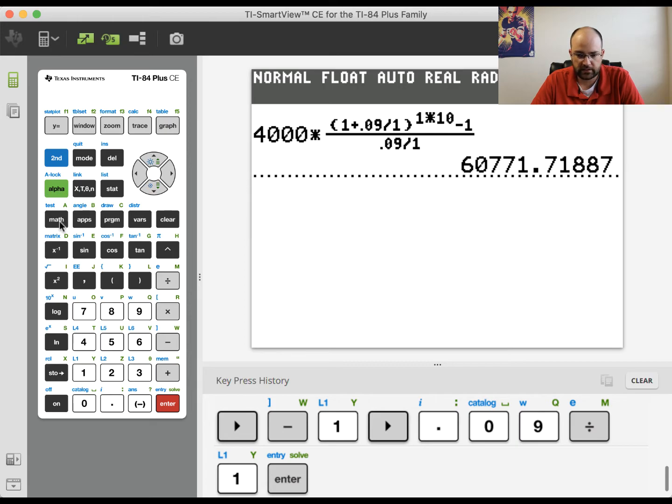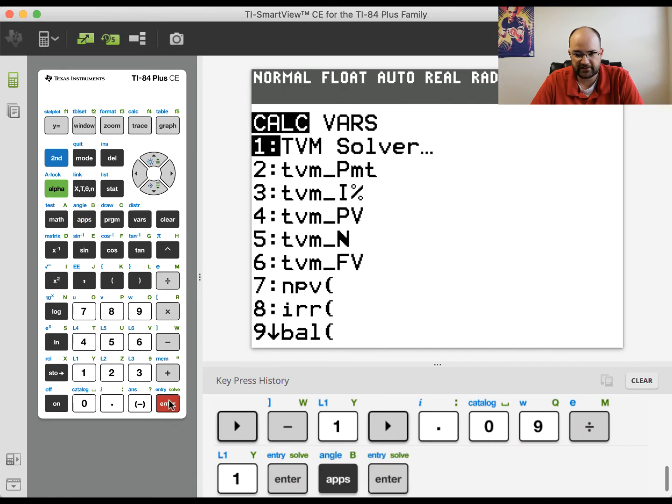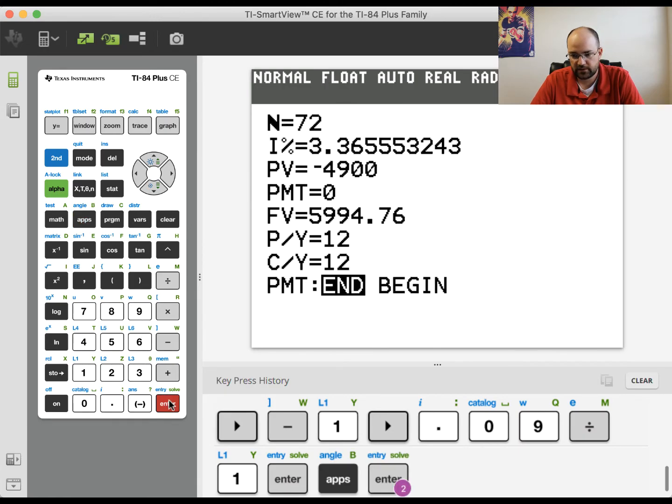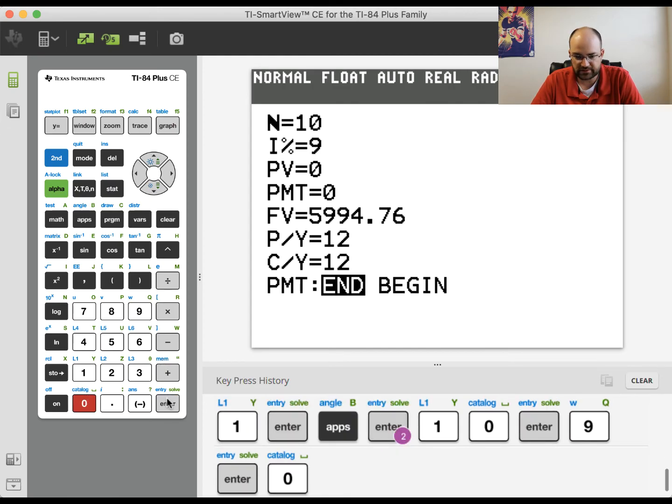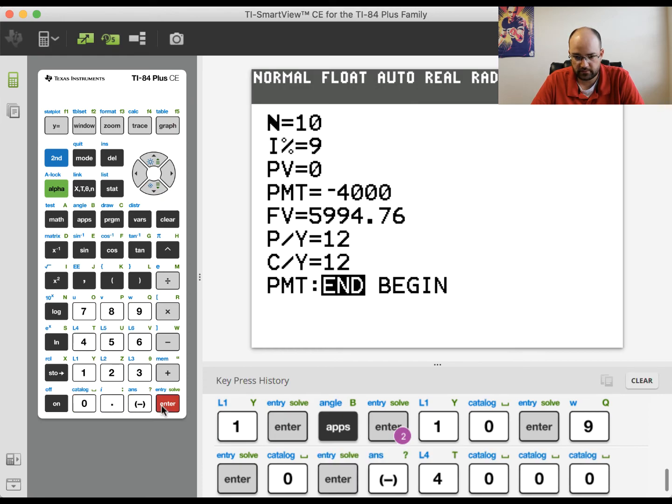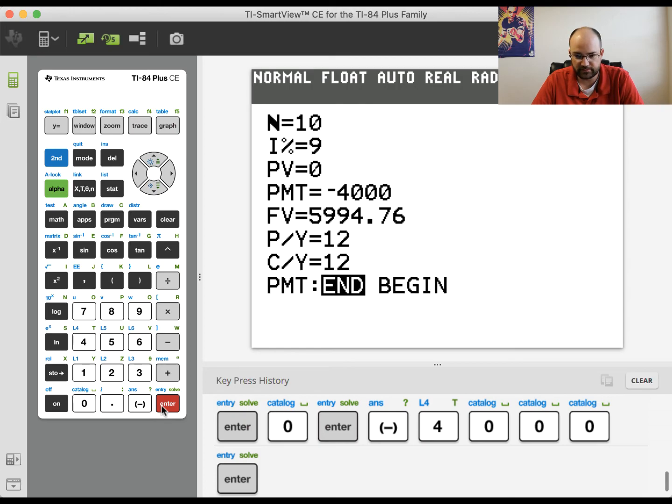Good. But we don't want to just rely on that. Let's go to our apps, finance, TVM solver. So in here, I want to go ahead and put all the numbers that we figured out. So capital N is 10. I% is 9. PV is 0 because there's nothing in there. PMT now is negative 4,000 because you're making these payments to somebody.